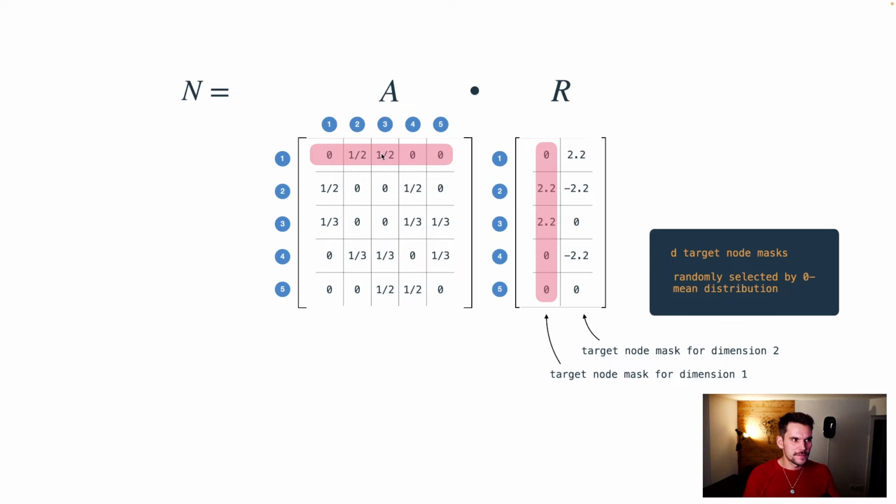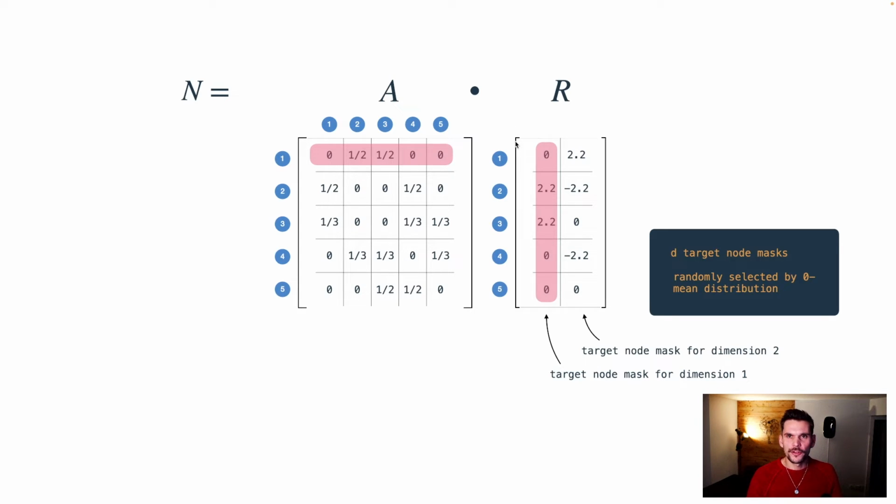So in this case, the transitions from node 1 to node 3 and 2 and 3 are activated in our random projection vector for dimension 1, and for dimension 2 in our resulting matrix, the transitions from node 1 to node 1, from node 1 to node 2, and from node 1 to node 4 are activated, while we have a negative factor for the dimensions 2 and 4.